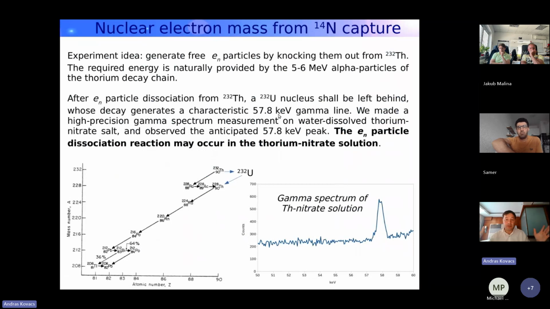So this is a very simple playground to experiment with nuclear electrons. Just take a thorium solution if you can get your hands on thorium. I don't have time to explain the experimental signature, but the experiment seems to show that nuclear electrons are exactly knocked out.